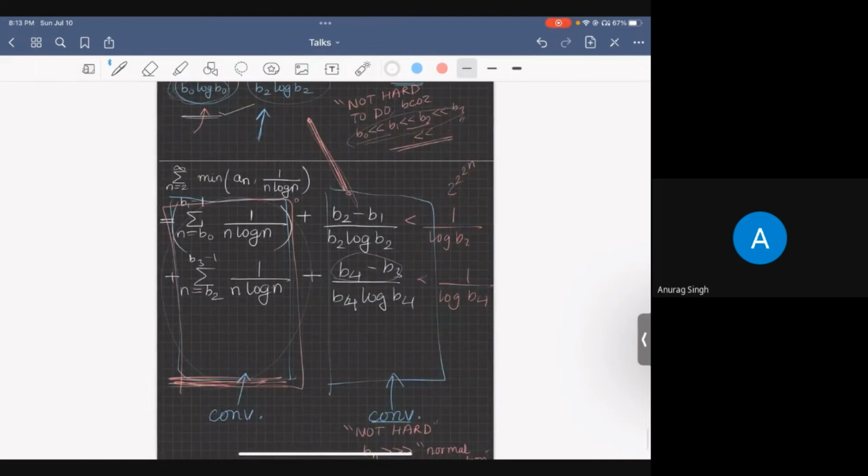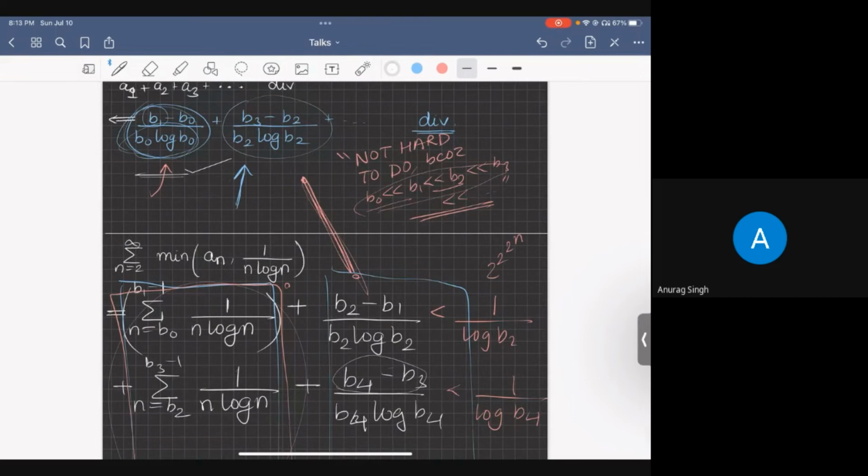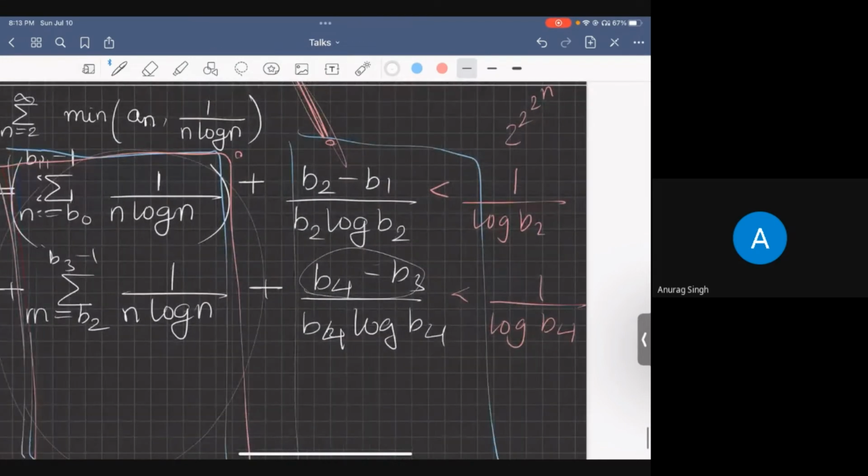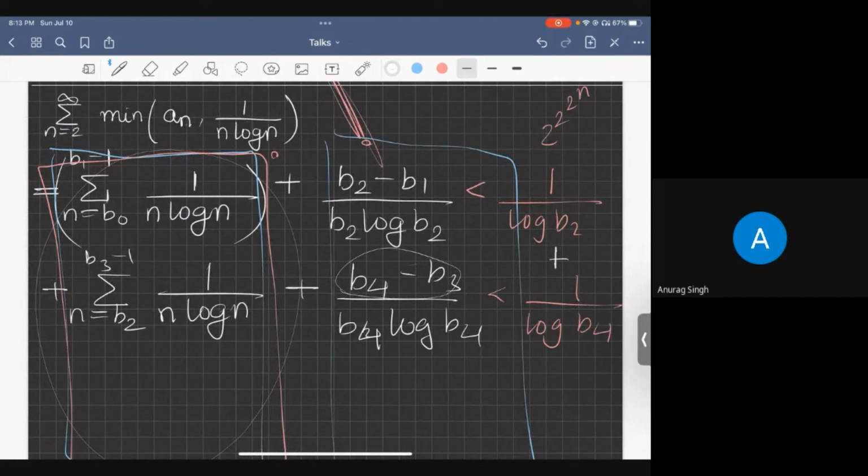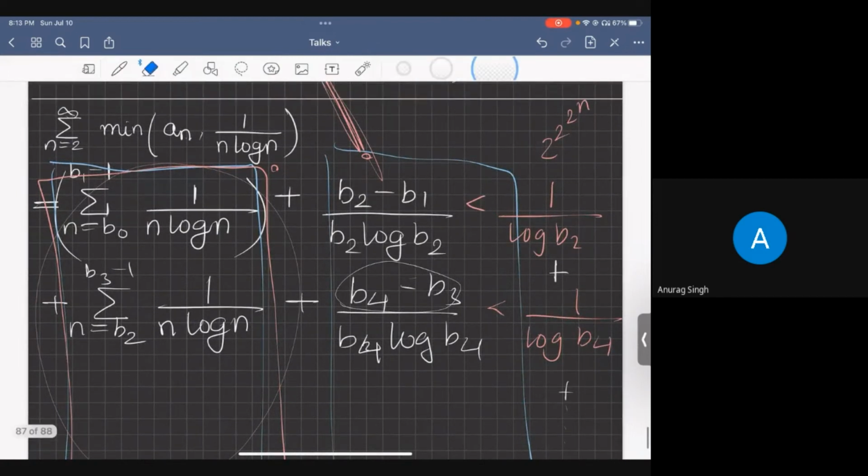So if you want to go back and see how large you can take b naught, b1, b2, we could do that as well. Note from here that if we want this sum to converge, then it suffices to take, it's fine if log b2k is something like k log square k, because we know that summation 1 over k log square k converges.